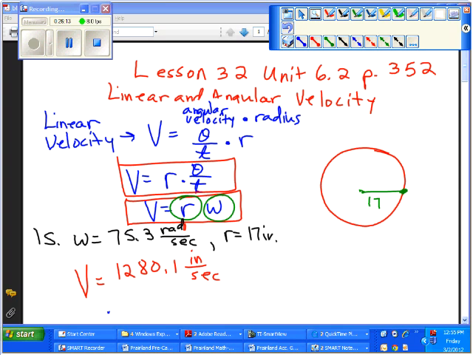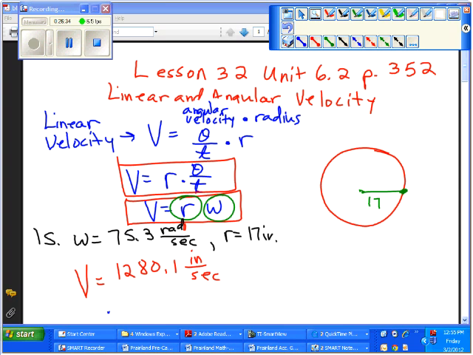75.3 radians per second. Now, there's 2 pi radians in a circle, which is 6 something. You understand there's about 3.14. There's 2 pi, 2 times 3.14, 6.28 radians in a circle.